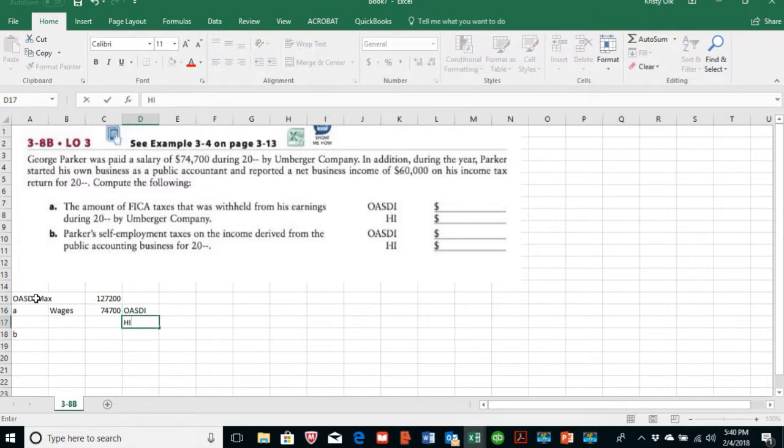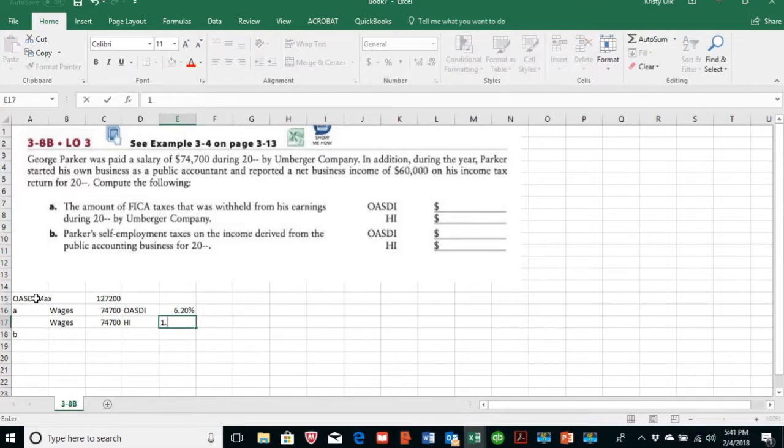Now you'll recall that HI does not have an upper limit like OASDI does. In fact, it actually has a threshold that will kick into place if you exceed that 200,000 mark. So he also has wages subject to HI of $74,700. Now the employee portion of OASDI is 6.2%.